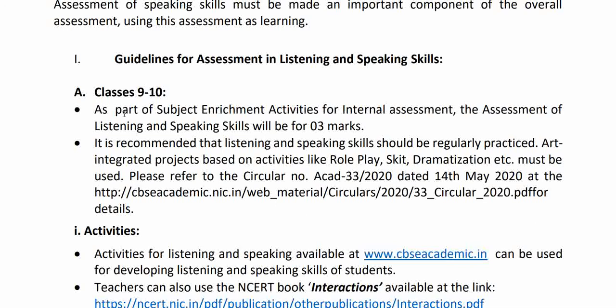as per the CBSE circular, the grade 9 skills are taken for the secondary, that is grades 6, 7, 8, 9 and 10. As part of the subject enrichment activities for internal assessments, the assessment of listening and speaking skills will be for 3 marks. It is recommended that listening and speaking skills should be regularly practiced.